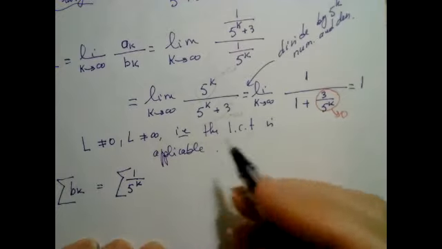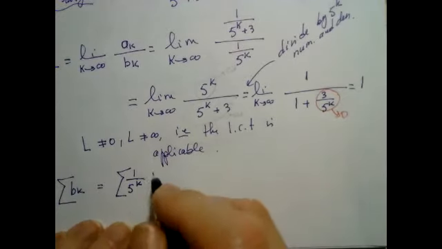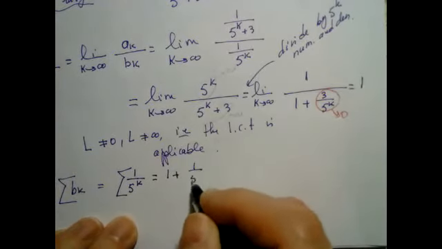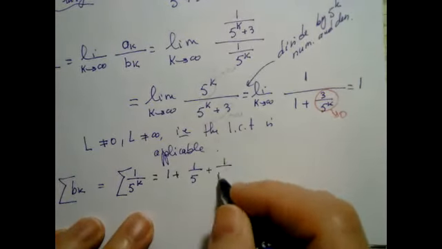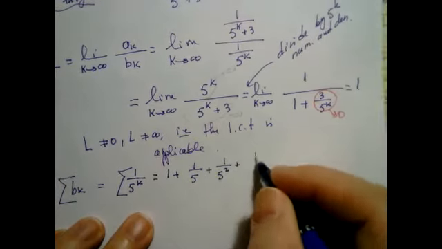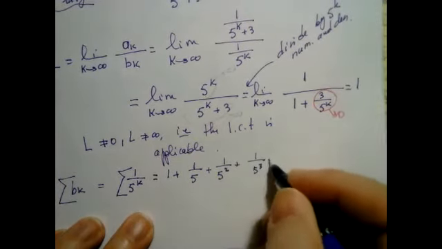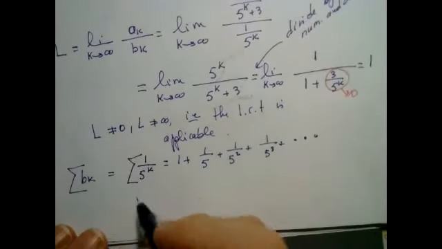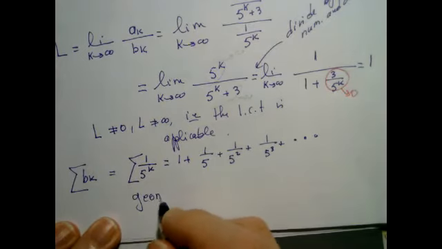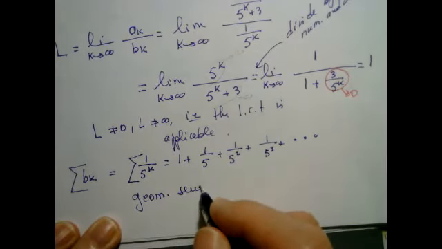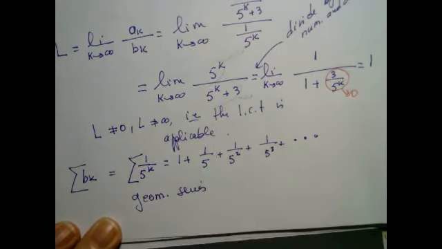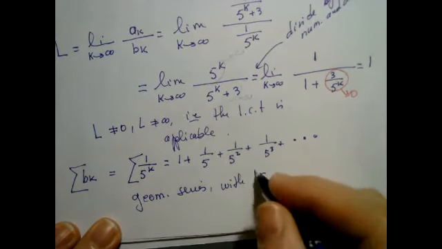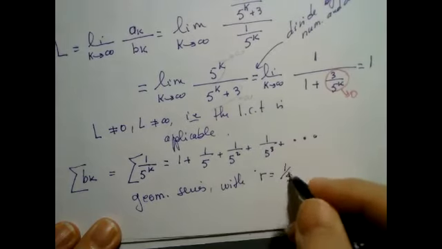That's a geometric series. This is a typical geometric series, because if you write it up, 1/5 plus 1/5 squared plus 1/5 to the power 3, that's a typical geometric series, because every time you multiply by 1/5, with ratio equal 1/5.